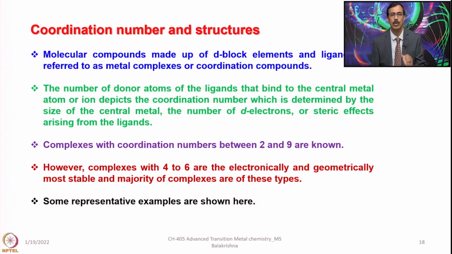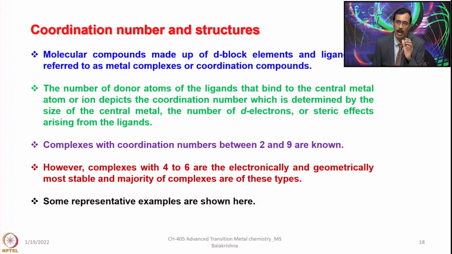The number of donor atoms of the ligands that bind to the central metal atom or ion depicts the coordination number. That means the number of monodentate ligands making bonds with a metal ion or a metal atom is referred to as coordination number, which is determined by the size of the central metal, the number of d electrons, or steric effects arising from the ligands.